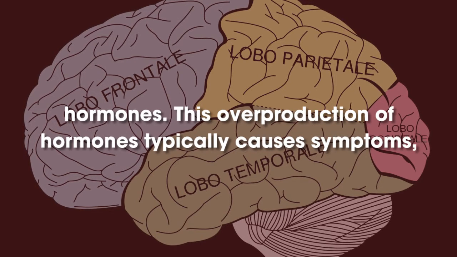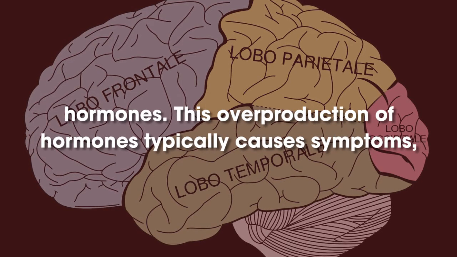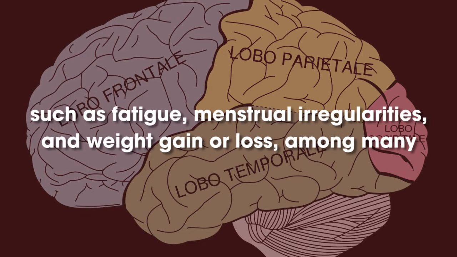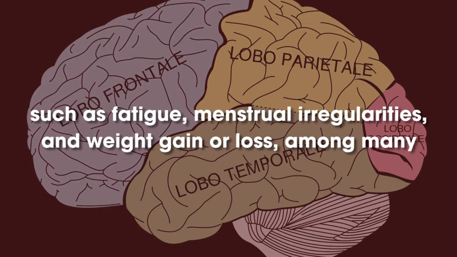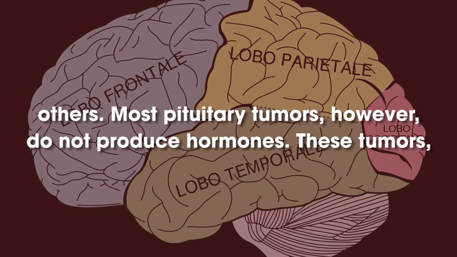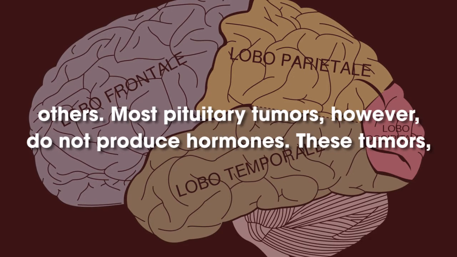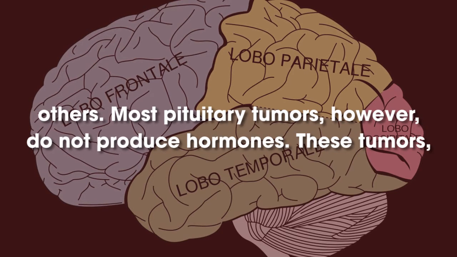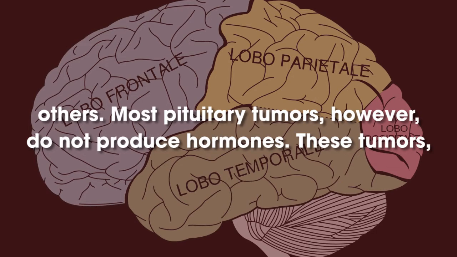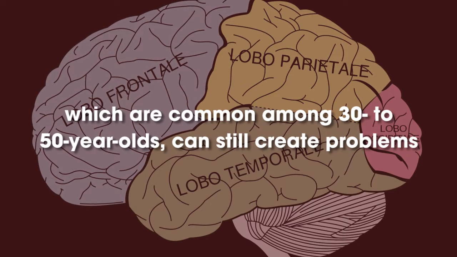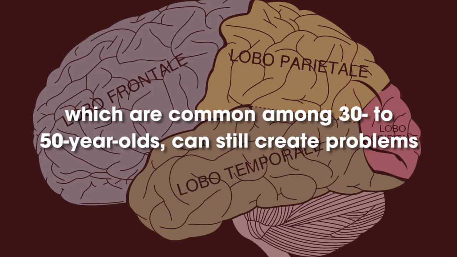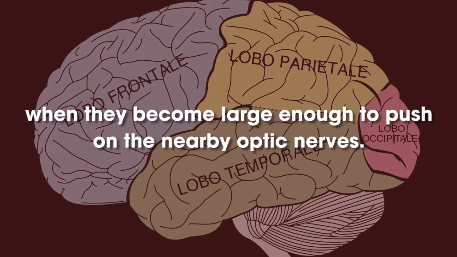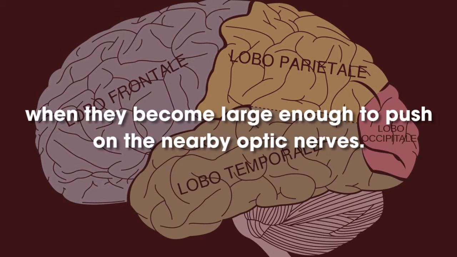This overproduction of hormones typically causes symptoms, such as fatigue, menstrual irregularities, and weight gain or loss, among many others. Most pituitary tumors, however, do not produce hormones. These tumors, which are common among 30 to 50-year-olds, can still create problems when they become large enough to push on the nearby optic nerves.